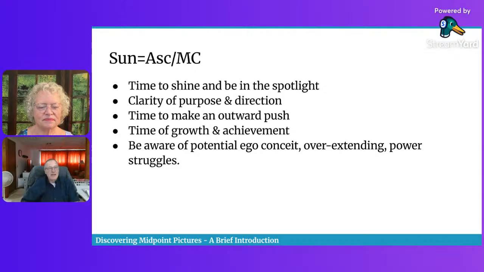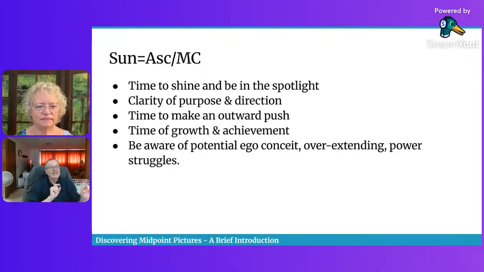Okay. So now, the reason I say that is because we get lost in the keywords and we forget those basic little principles. And if you take one overriding principle for each planet and you just stick with that, you can go really far in developing a feel for what's happening in a chart or what's happening at a particular time in a chart.